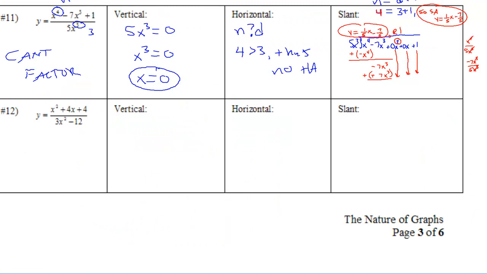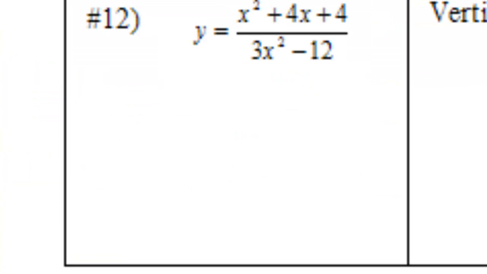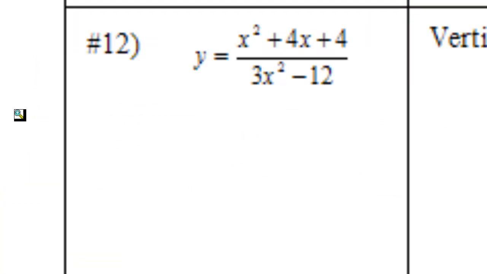Number 12, let's see if this bad boy factors. I'm going to get in here a little bit tighter. y equals. This numerator is a perfect square trinomial. Here's how I know. This first term is a perfect square.